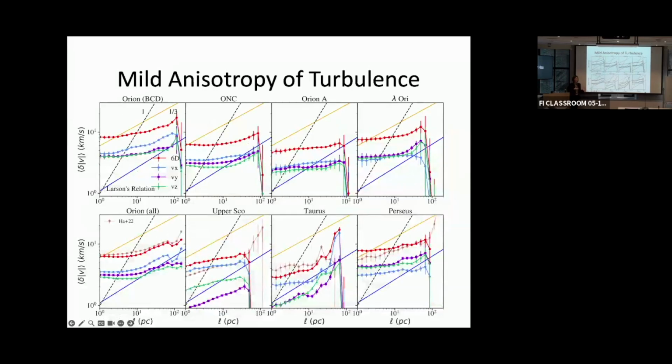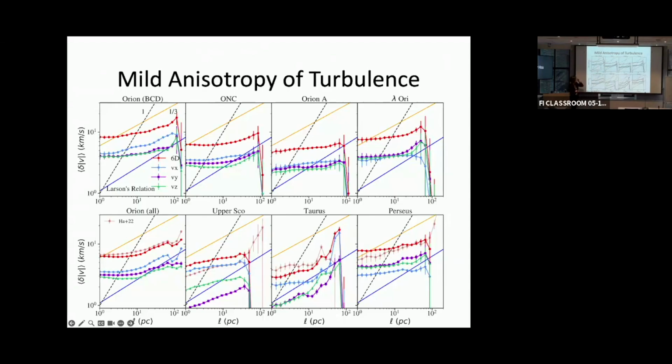As I mentioned earlier, with gas, you only have access to the projected information. And with stars, we have 6-dimensional information, so we can see, is turbulence isotropic in the ISM? And I'd say for the most part, so you're supposed to be comparing the blue, purple, and green lines for the different regions.